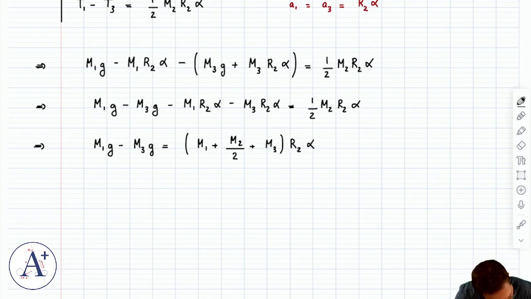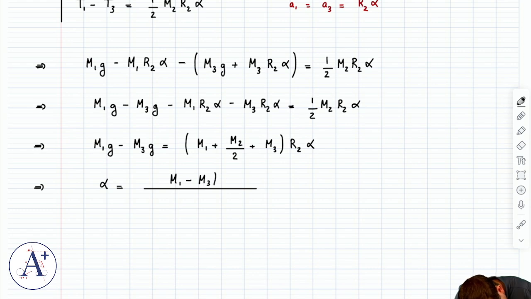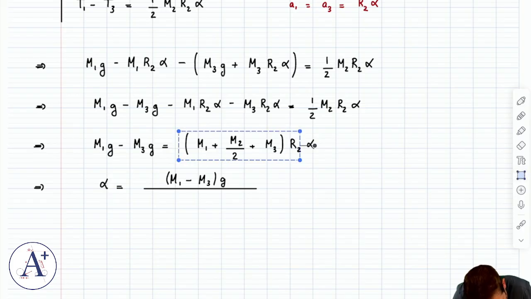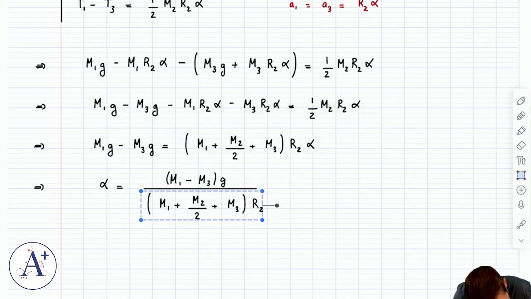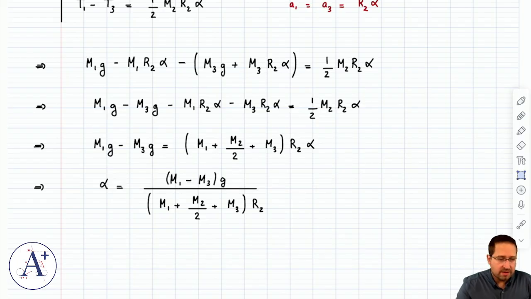And I could multiply everything by 2 if I want to get rid of the half here, or if I don't really care, then I just do this. Okay, so it's M1 minus M3 times G, because I can factor that out too, divided by all of this. And that's going to be alpha.